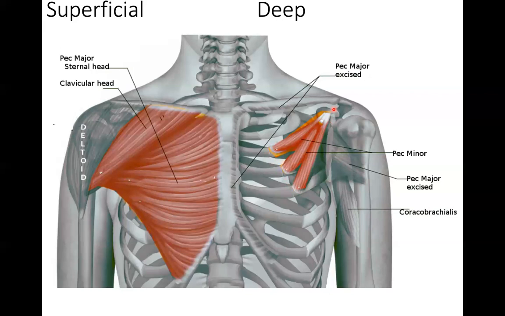Pectoralis minor doesn't cross the glenohumeral joint, so it can't move the arm at the shoulder. What it does instead is to move the insertion toward the origin, so that's protracting the scapula, bringing the scapula forward.